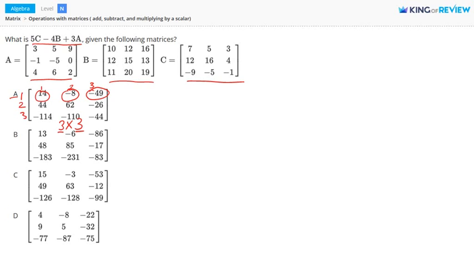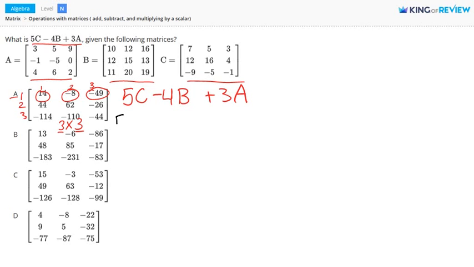So let's look at our problem. The problem asks us to solve 5c minus 4b plus 3a. So what we're going to do is plug in each of the matrices for the various letters here.